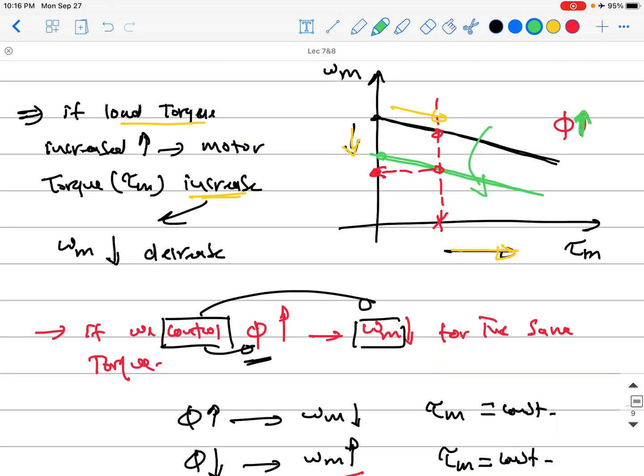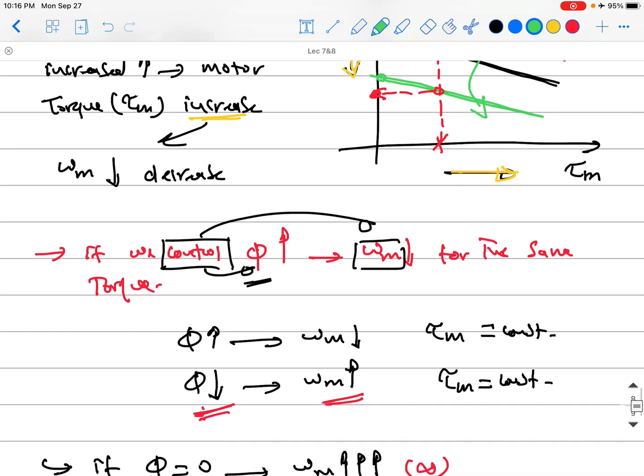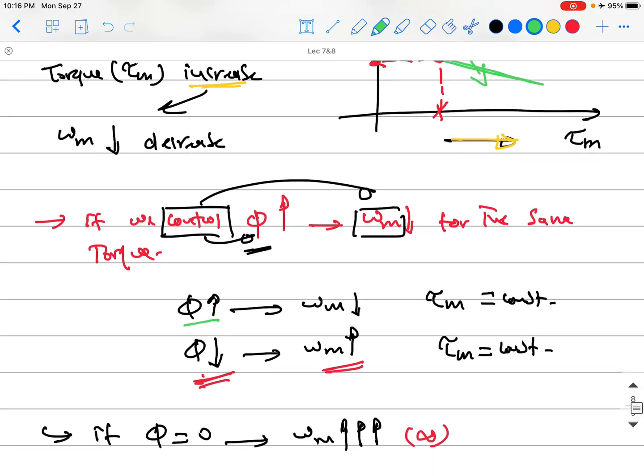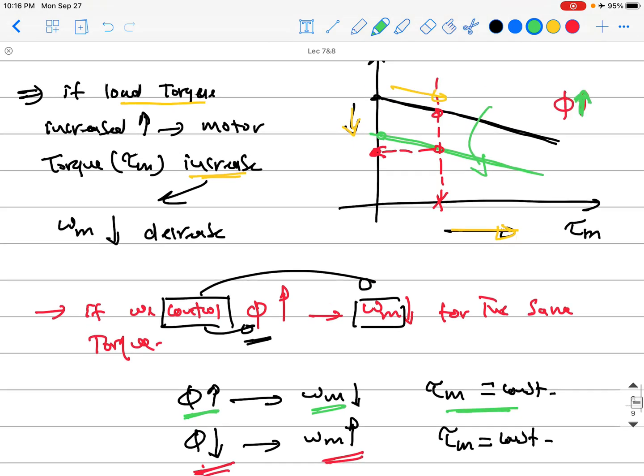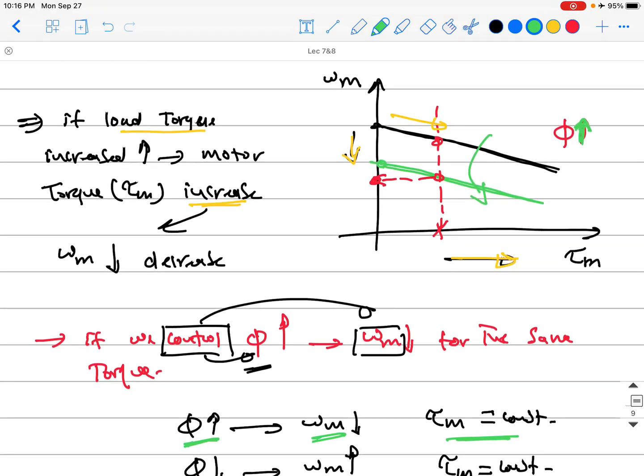Like we said last time, from this equation, if you increase the flux, the speed will drop at the same value of the torque. That means the whole torque speed characteristics will be shifted down like this if the flux goes up, and it's vice versa. If the flux goes down, the whole one will be shifted up. So if the flux goes down, you will have another torque speed characteristic that's up like this.